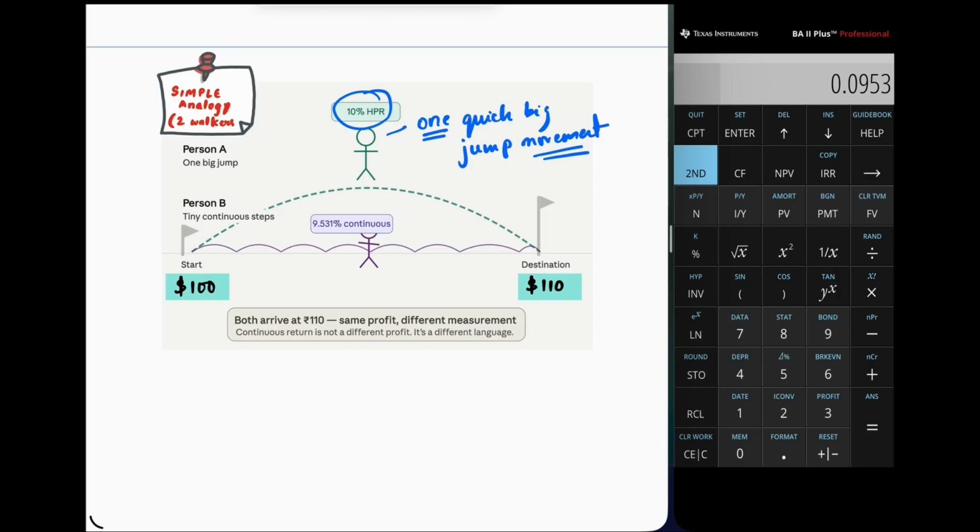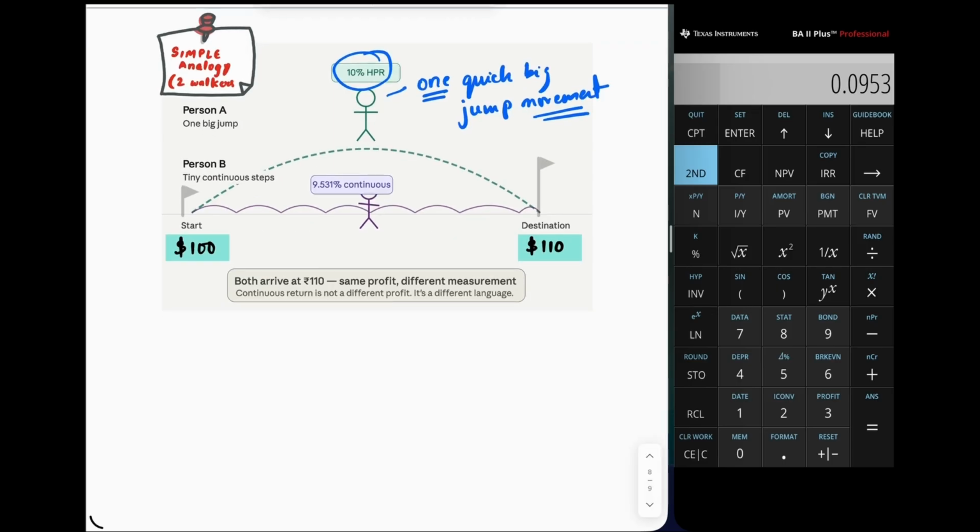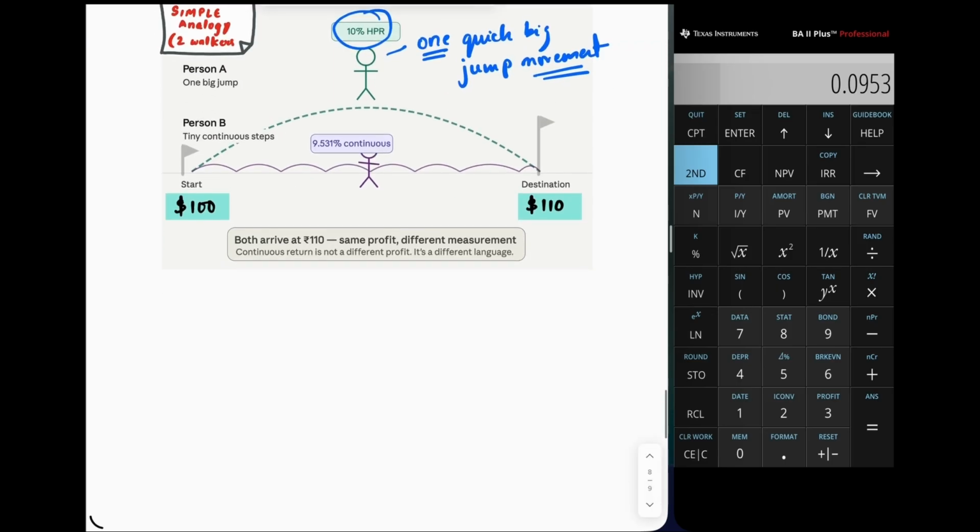In previous videos we talked about non-annual compounding. We learned that there is annual compounding, and then there is semi-annual compounding. Semi-annual compounding is like this: suppose you start at $100 and the interest rate is 10% per annum.